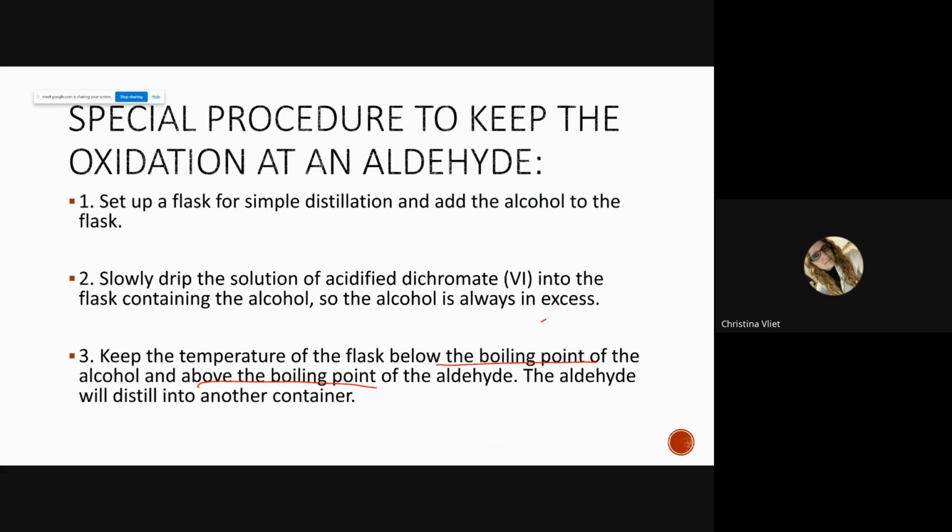So the idea is that you've got the boiling point of your alcohol, the boiling point of your carboxylic acid, and the boiling point of your aldehyde would be the least. So you have to pick a temperature somewhere in between.